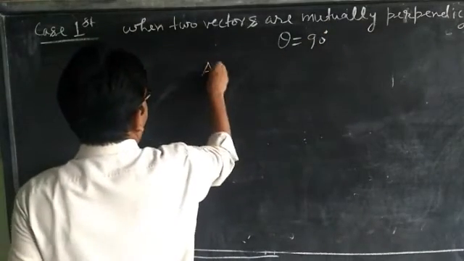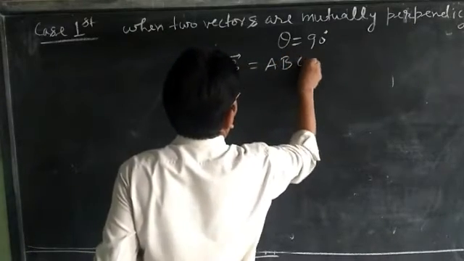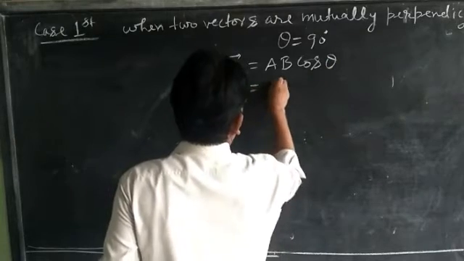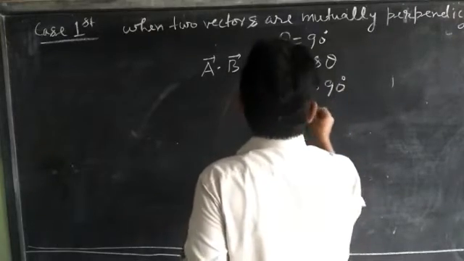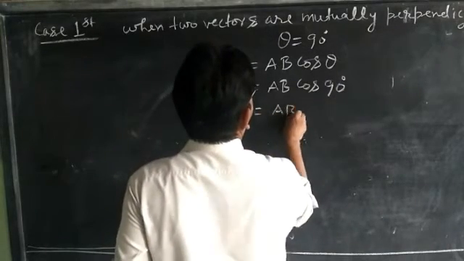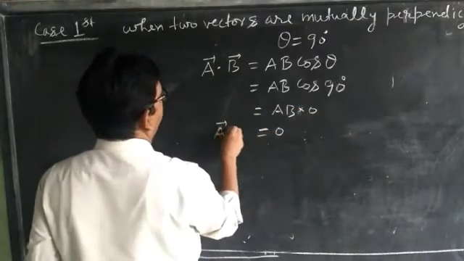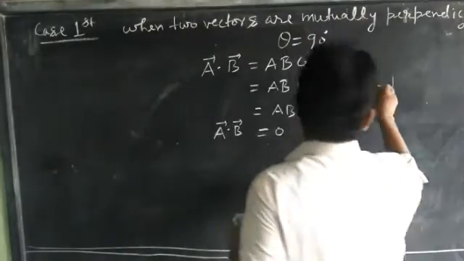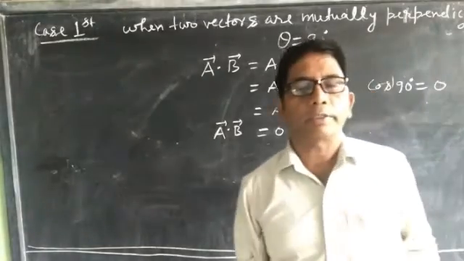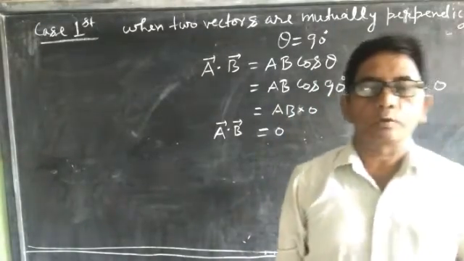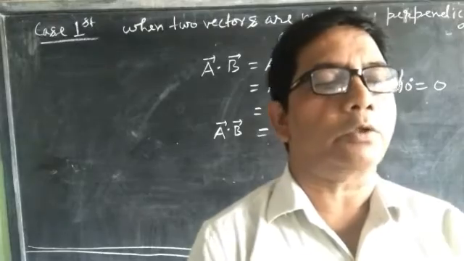Then we know vector A dot vector B is equal to AB cos theta, that is AB cos 90 degrees, and cos 90 is equal to 0, so AB into 0 is equal to 0. Vector A dot vector B is 0. Here cos 90 is equal to 0.